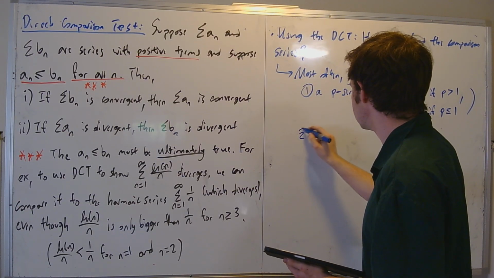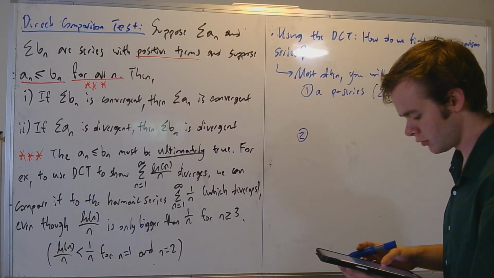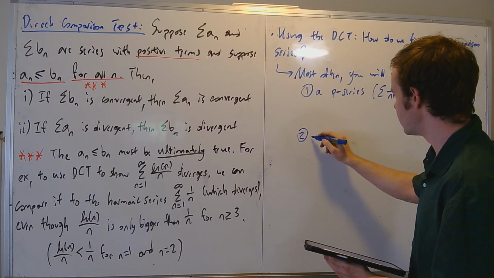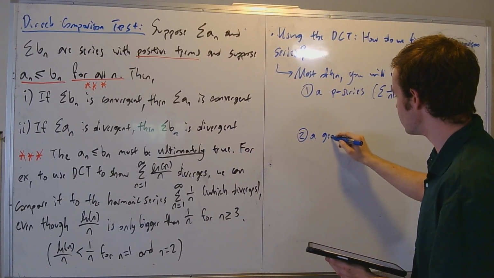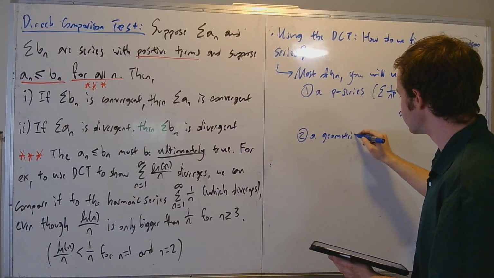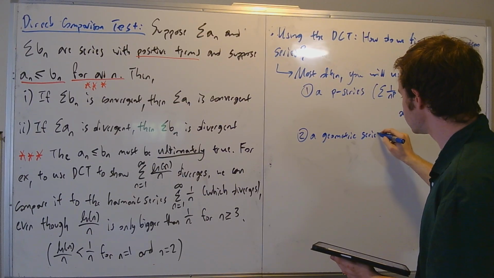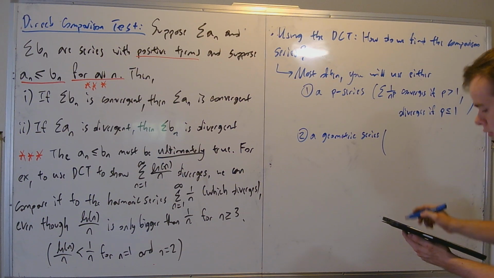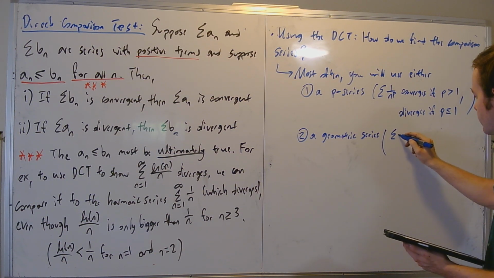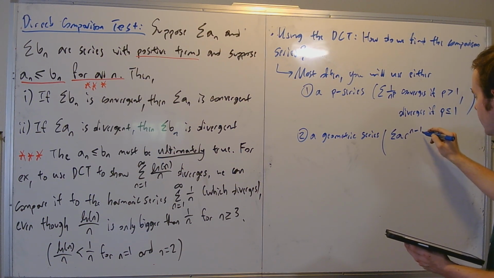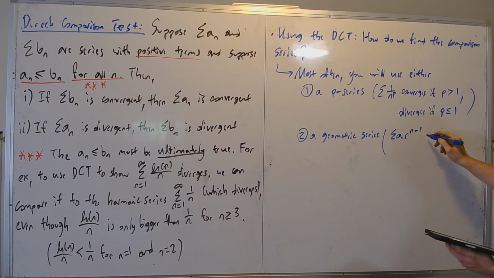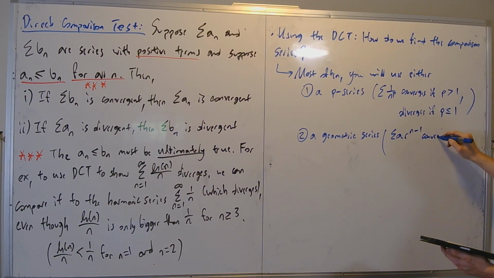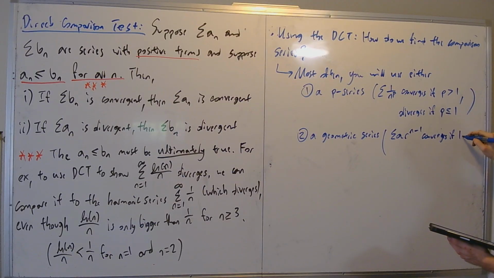And the second tool here for the comparison is a geometric series. So if we can get it to look like a geometric series, that's something else we'll try to do. So this looks like the sum of a times r to the n minus 1, which converges if the absolute value of r is greater than 1.